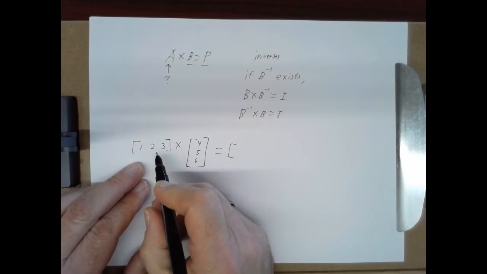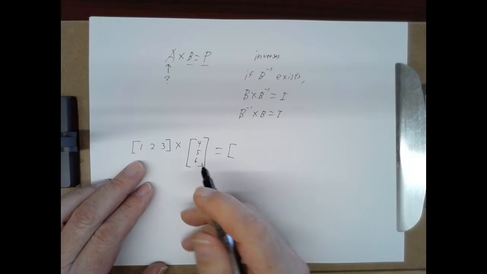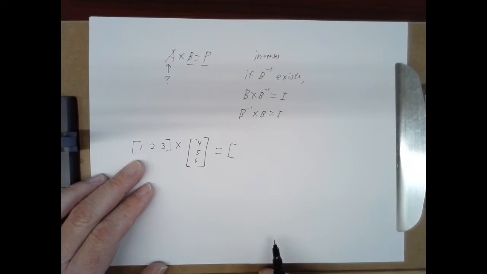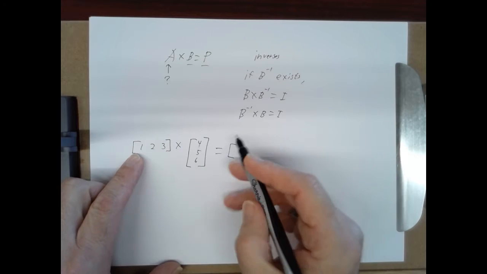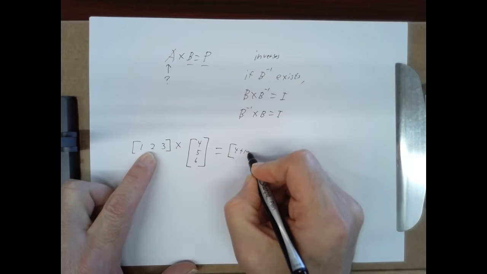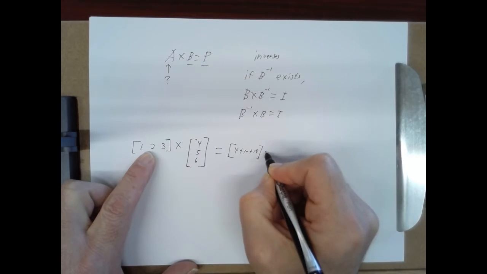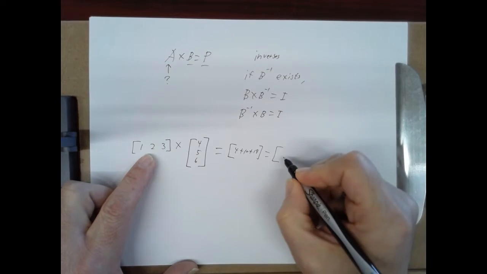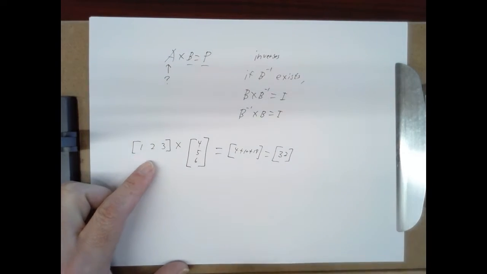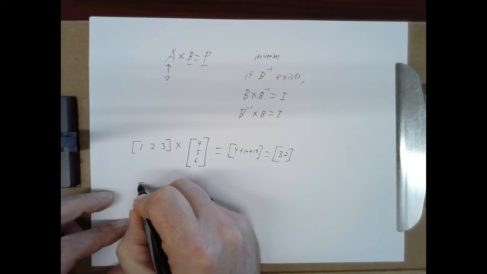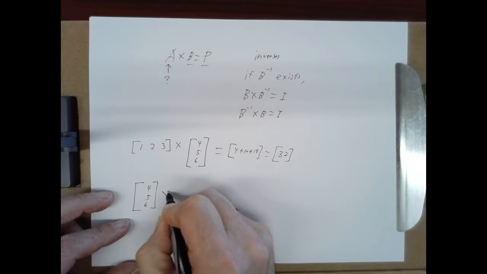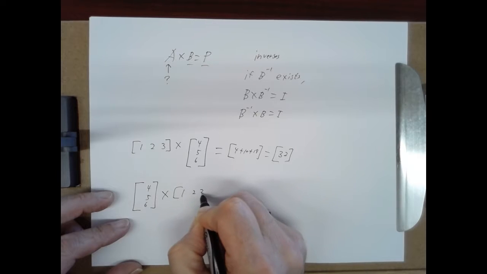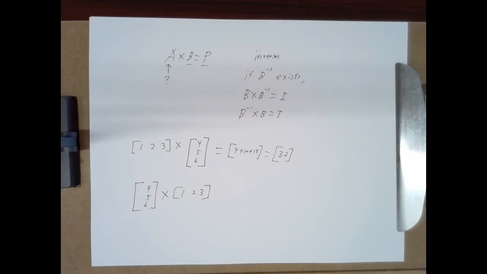right? This is a 1 by 3 matrix. This is a 3 by 1. We should be able to multiply those and get a 1 by 1. The element in the first row, first column, is just going to be the dot product of these. So it's 4 plus 10 plus 18, which is just the matrix 32. But this doesn't even exist, right?